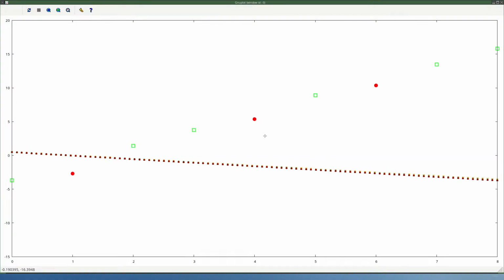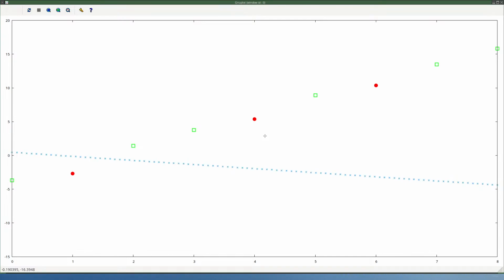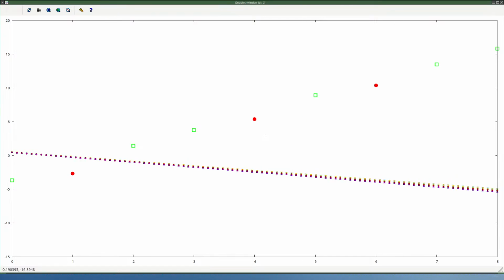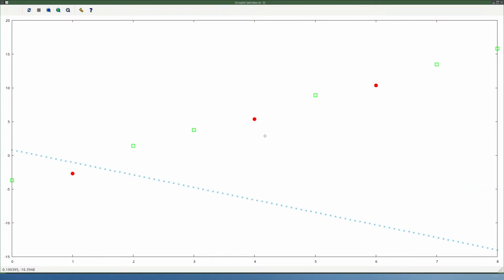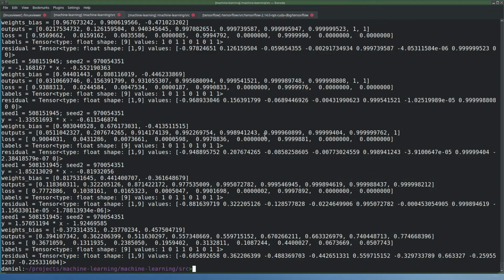So now it should automatically stop as soon as it has a good prediction. What happened? Yeah, that's shocking.